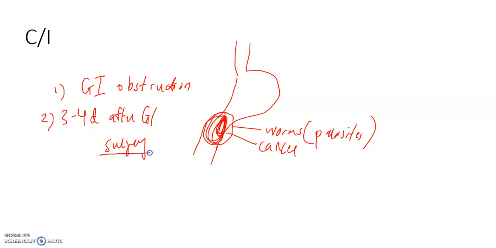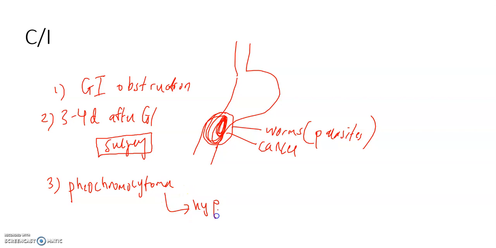And also a condition called pheochromocytoma, which is related to the adrenal gland, where you have excessive secretions from the adrenal gland causing hypertension, etc. This is a very rare condition, and I've not seen a case of pheochromocytoma in my life.